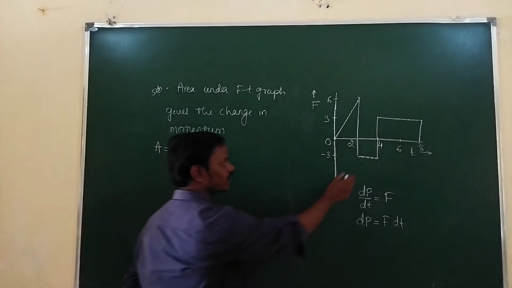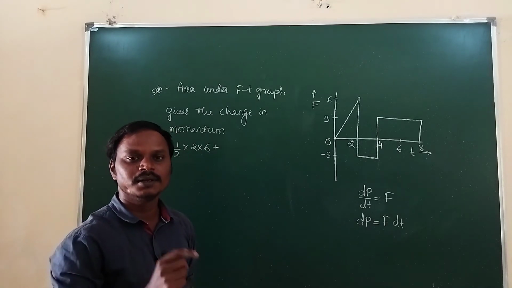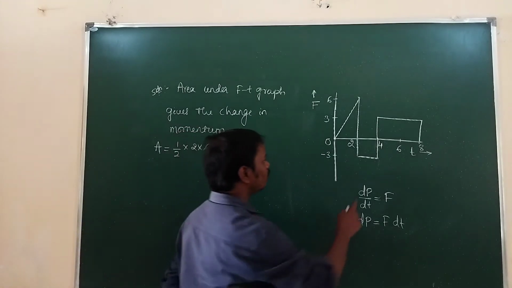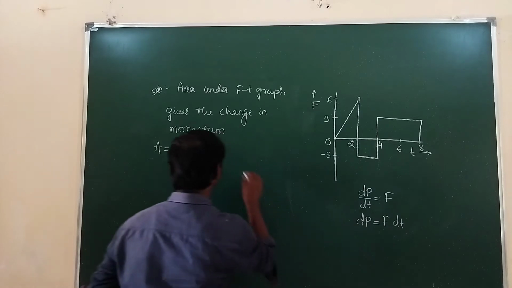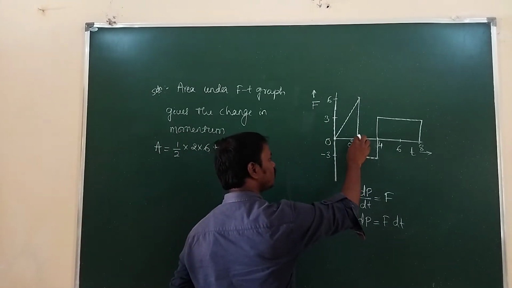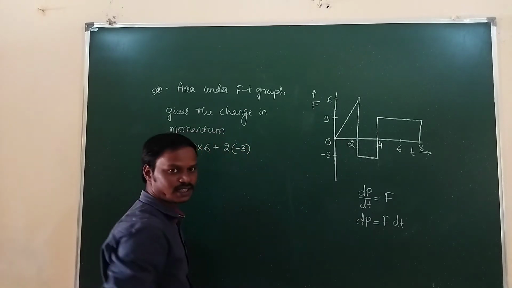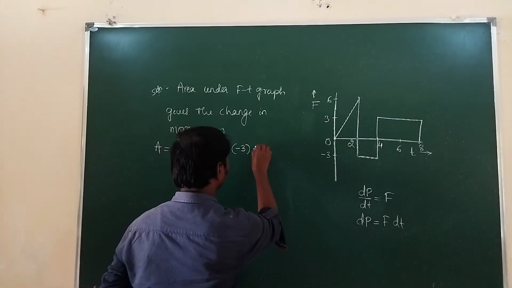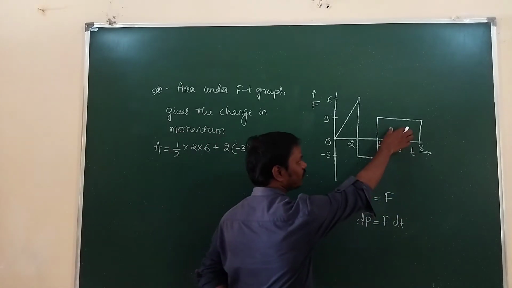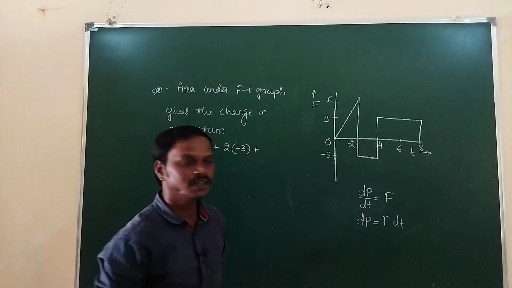Now area of this rectangle. What is the formula for area of the rectangle? Base into height. Here base is 4 minus of 2, that is 2, and height is minus 3 minus 0, that is minus 3. This is height. Then next plus. Then area of this rectangle. Again what is the formula for area of the rectangle? Again base into height.